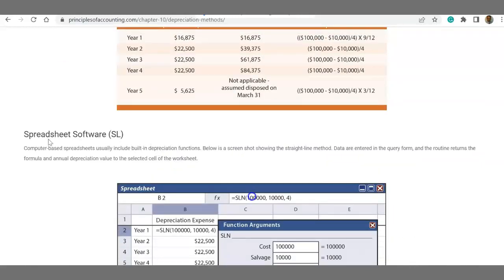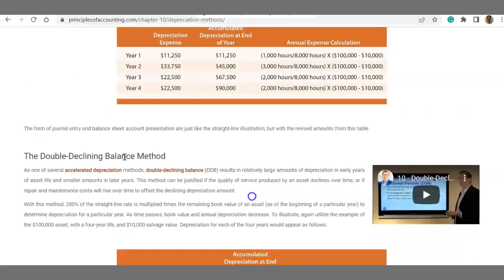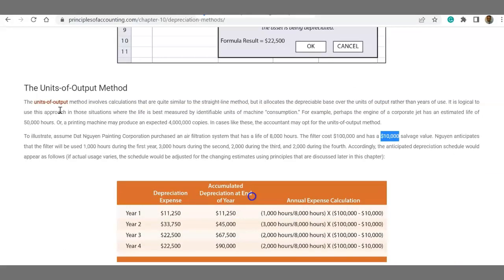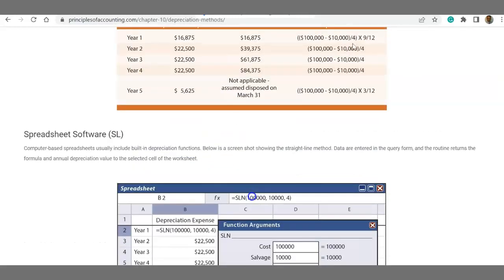Under straight line method or any other, let's say units of production method or any other method besides double declining, you need to calculate and use the salvage value in your calculation of depreciation expense immediately. So here you see, you need salvage value. Under straight line method, you immediately need salvage value, okay?